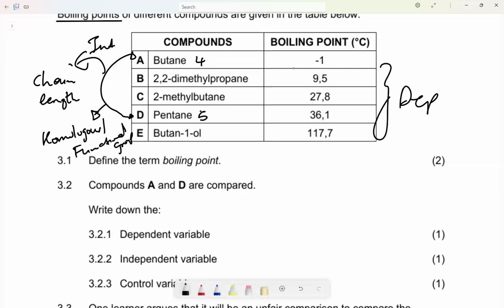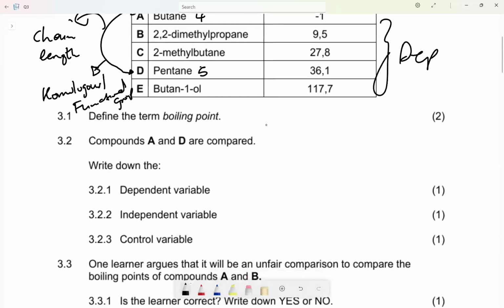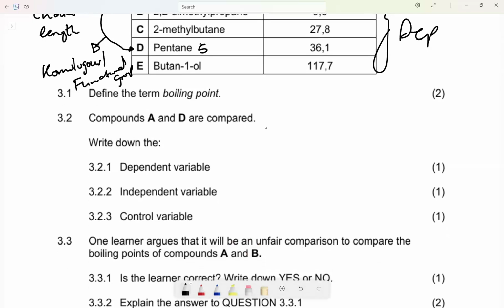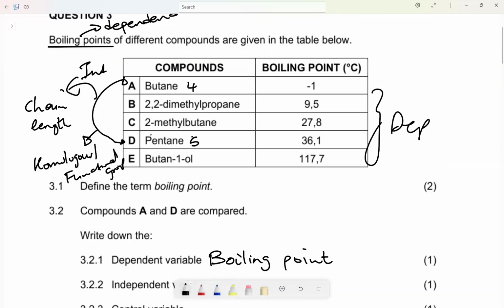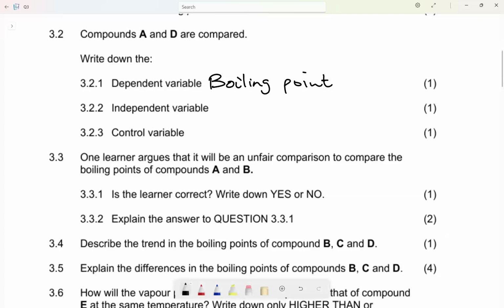Now, they say write down the dependent variable. The dependent variable, I said for this one, is boiling point. Independent variable: between A and D, what is it that they are changing? This one had 4 carbons, this one had 5 carbons. What they are changing is chain length.